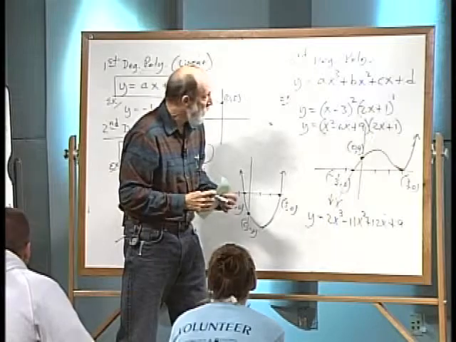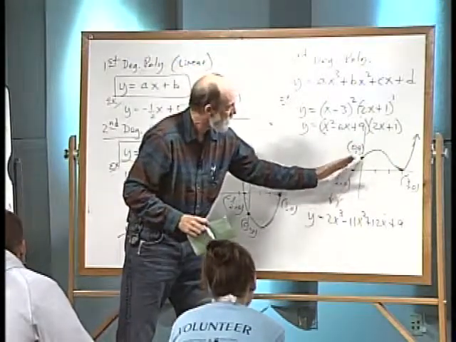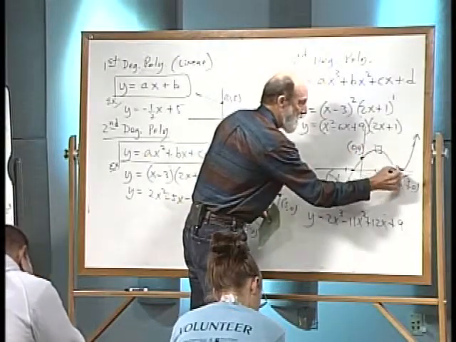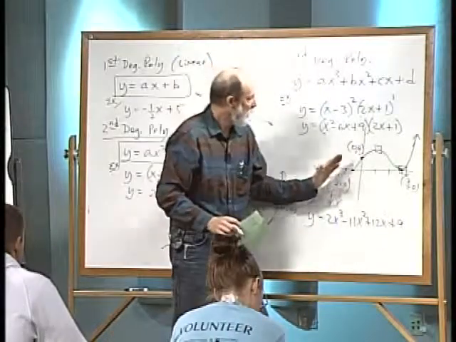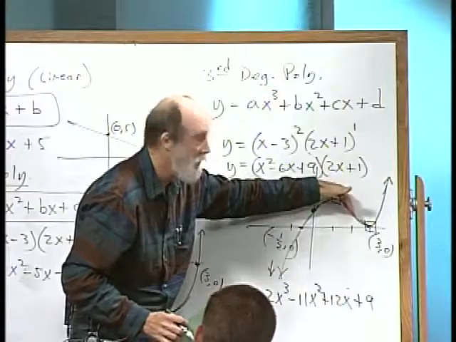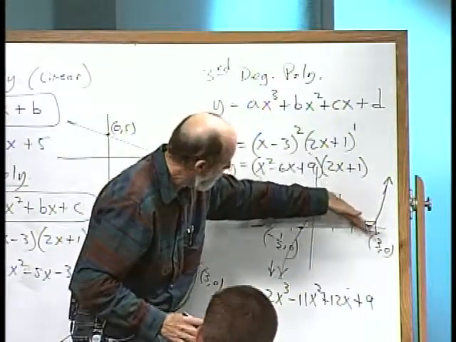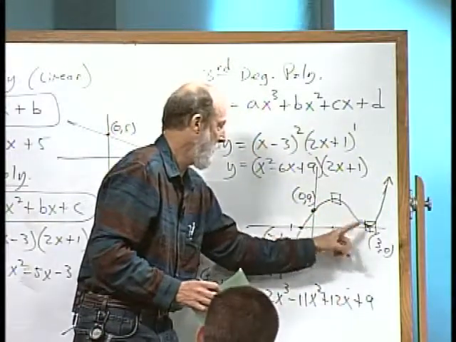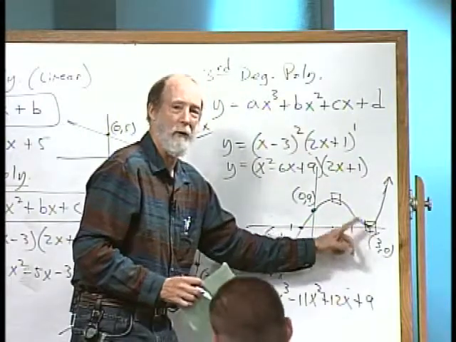So, notice this thing rises up from the left, peaks out here, and happens to bottom out here. Where a graph changes from increasing to decreasing, or vice versa, going from decreasing to increasing, where it makes that transition, the books call turning points. So those are called turning points.